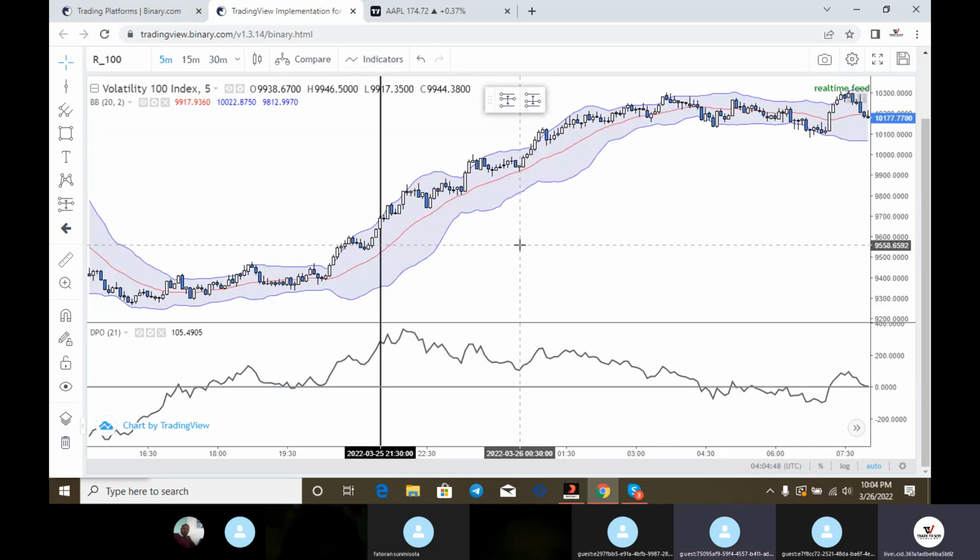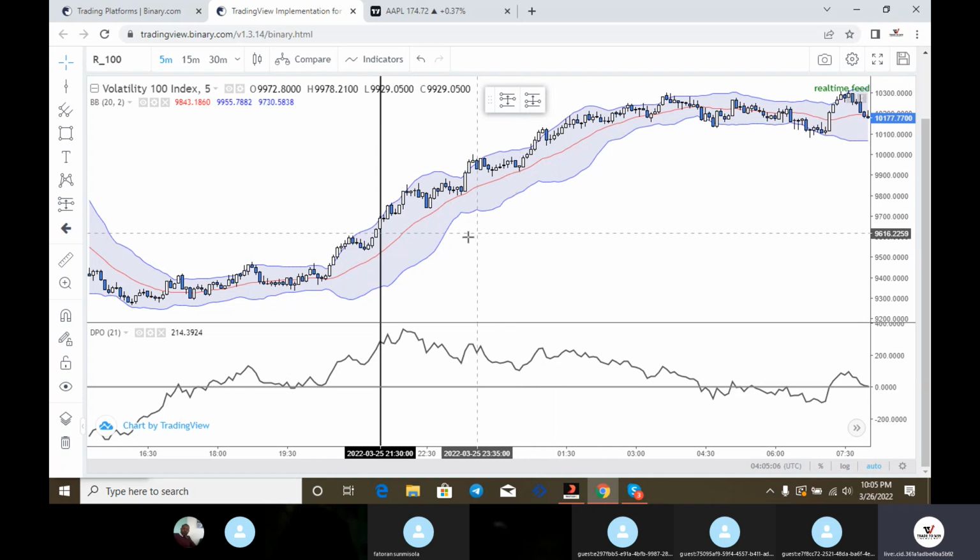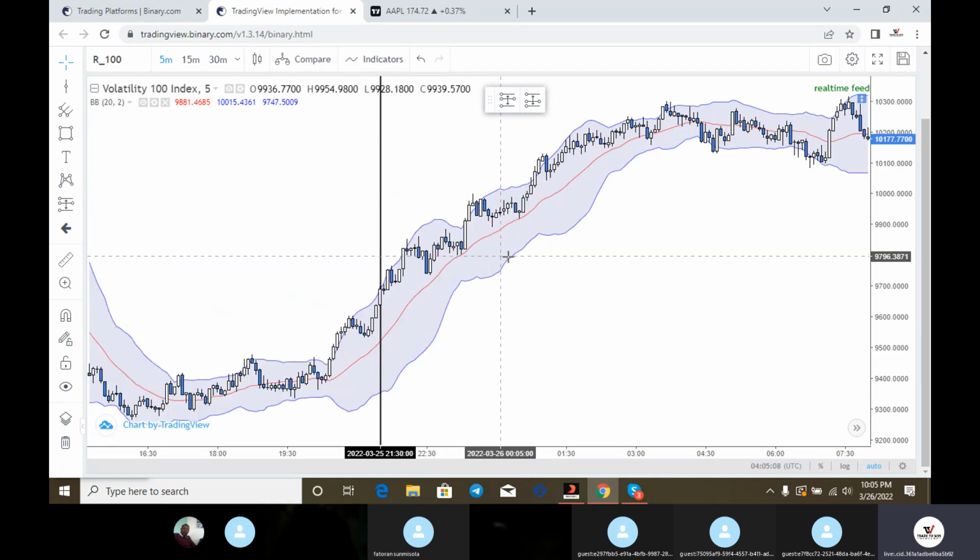Wow. So now in this case, it becomes a challenge, and I'm going to explain something for you. In situations like this, you can see that price never got to the bottom part of the Bollinger Band for us to take entries.